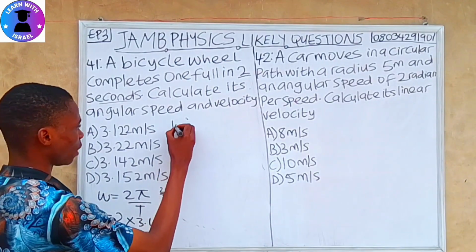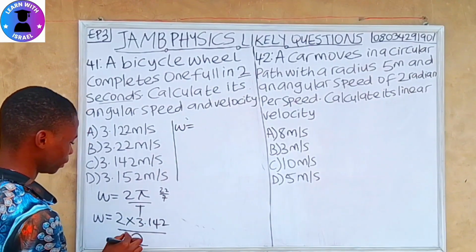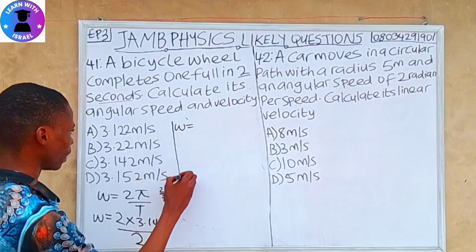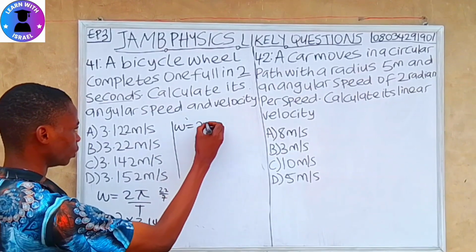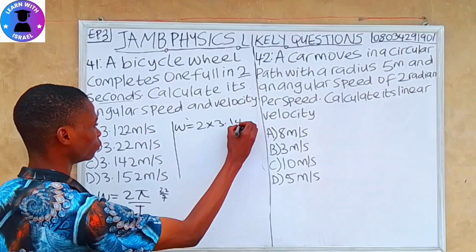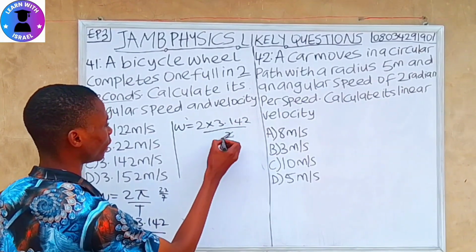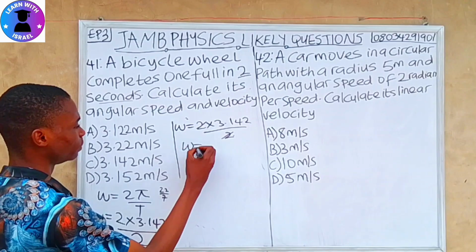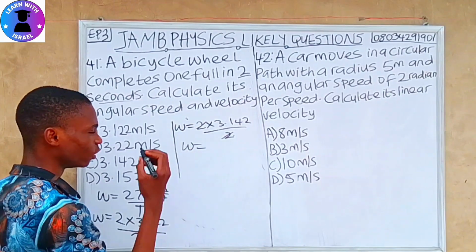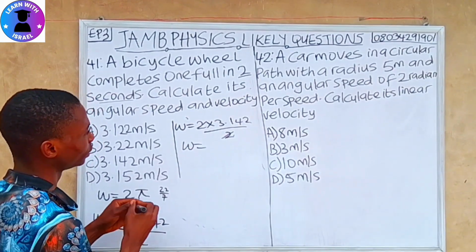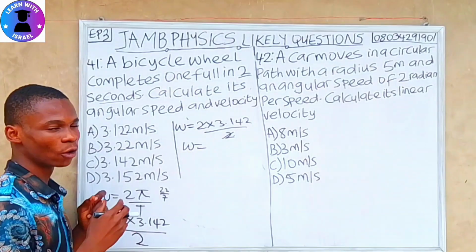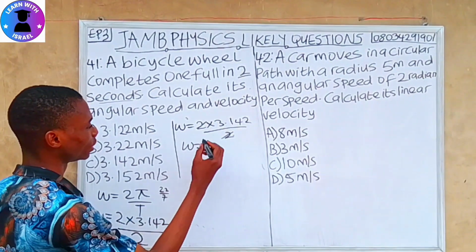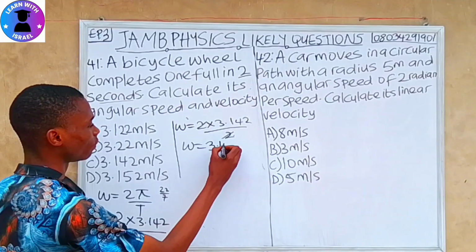So our angular velocity equals 2 multiplied by 3.142 over 2. 2 divided by 2, we are now left with 3.142. Angular speed and velocity are the same, for those that don't know. So our answer is 3.142.